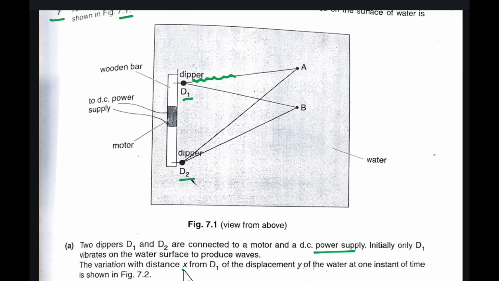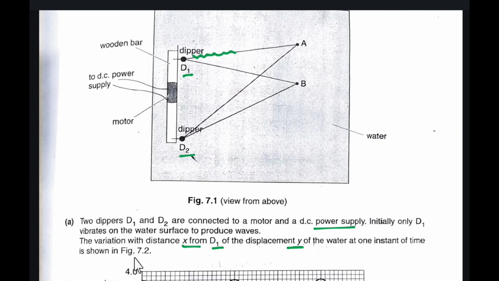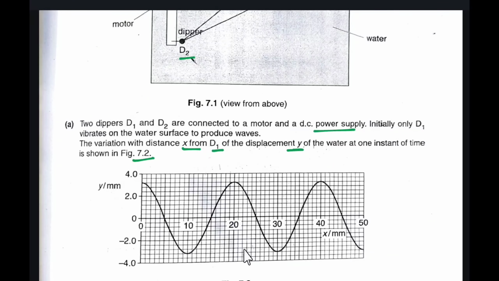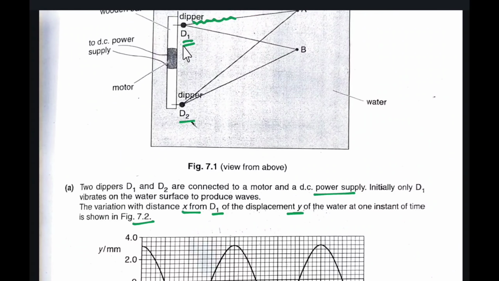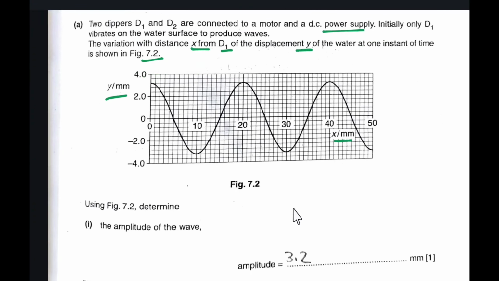The variation with distance x from D1 of the displacement y of the water at an instant in time t is shown in figure 7.2. So for the dipper D1, the displacement y against distance is given in the figure.